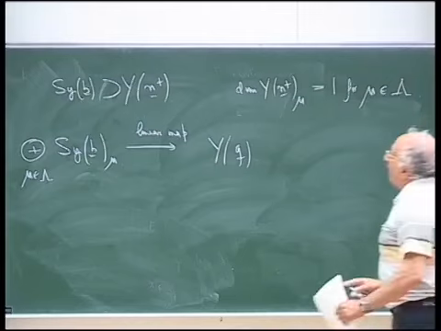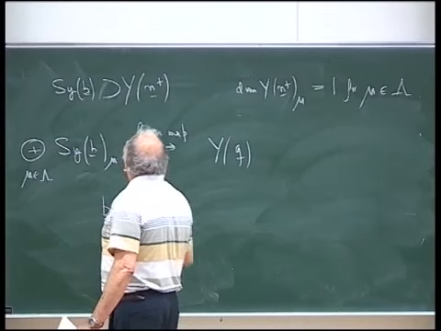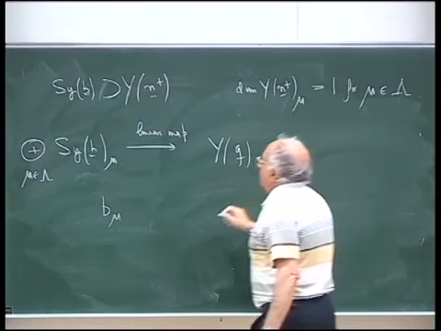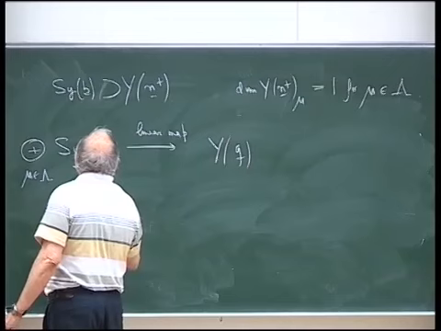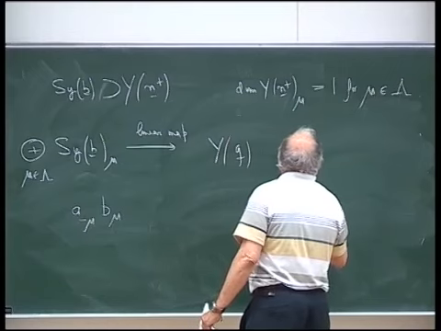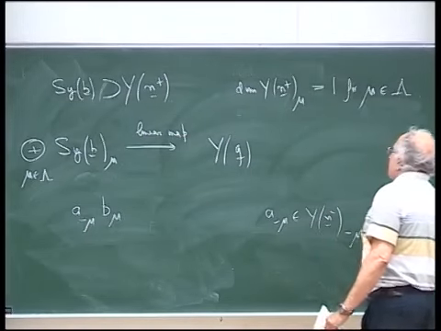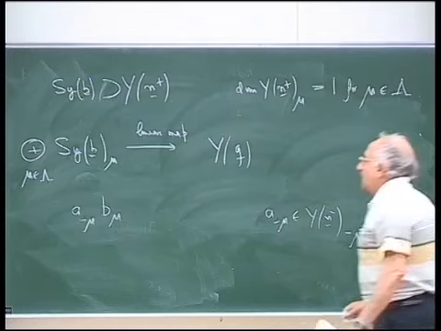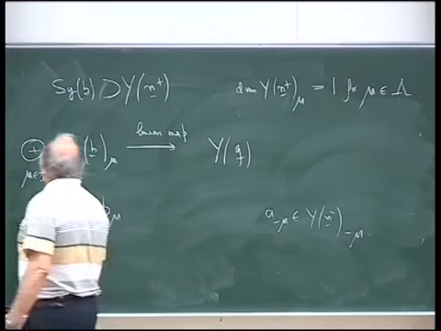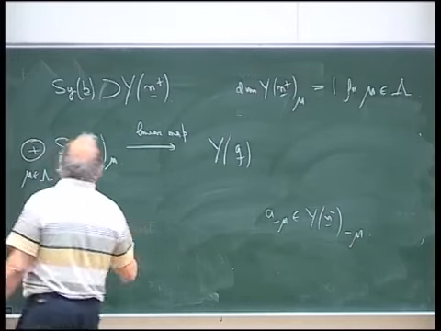And of course, if you have a vector of weight mu here, then you can multiply it by the corresponding vector of weight minus mu, which is unique up to scalars, in the algebra where n plus is replaced by n minus. Then you can recognize that this is a highest weight vector, this is a lowest weight vector, and apply to this u of g to get a module.